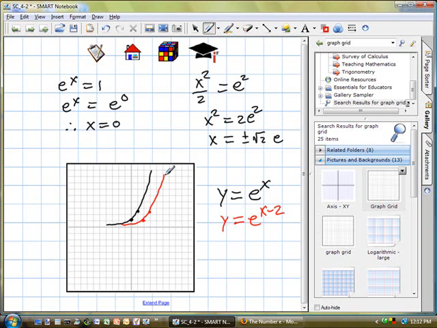And e to the 0 power is 1. But what about at x equals 1? I'll tell you what, I'll do blue on this one. Okay, so at x equals 0, we're going to be at the same place, right here. I'll put the dot right on top of the old one.